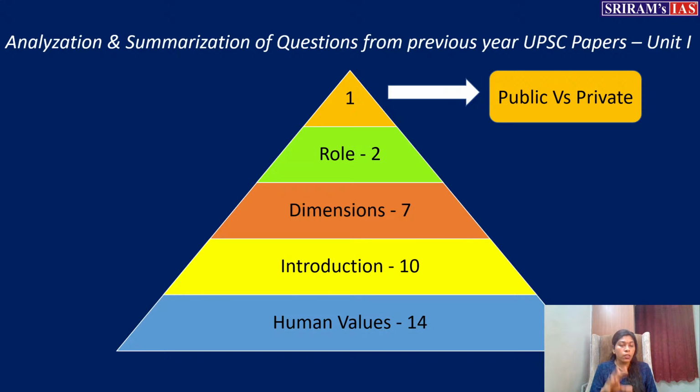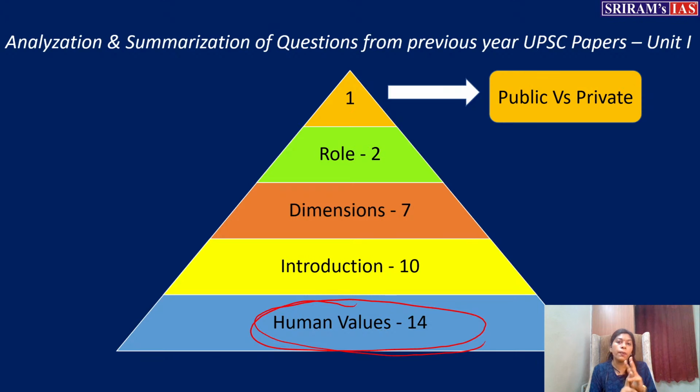See this, I already told the 5 major topics. I have put the topics in this manner. In this, the human values topic is very, very important. So how you have to approach this topic, how you have to prepare your answers, and how you are going to do answer writing practice, what type of questions you have to attempt from human values.